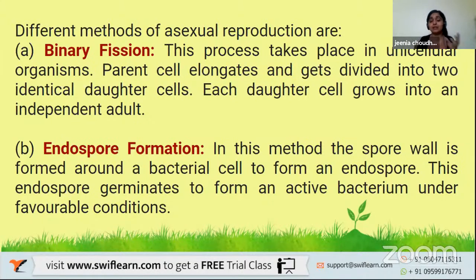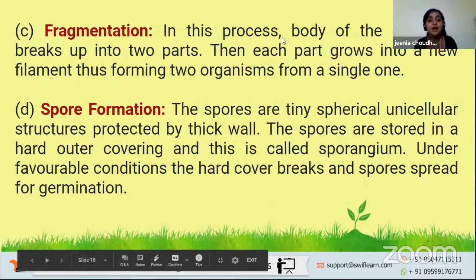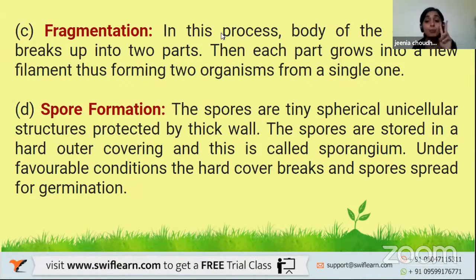There can be water, air, light and humidity around it, and those are the favorable conditions where the cell divides itself into multiple cells. That is how endospore formation happens. Further, what is fragmentation? It is a process where the body of the organism breaks up into two parts.